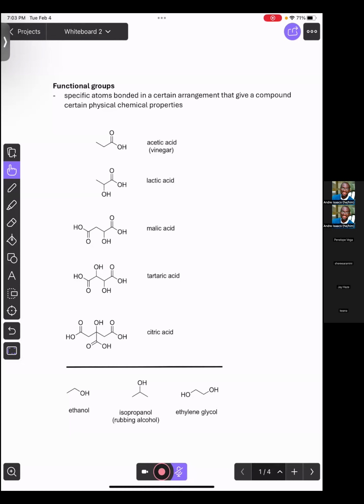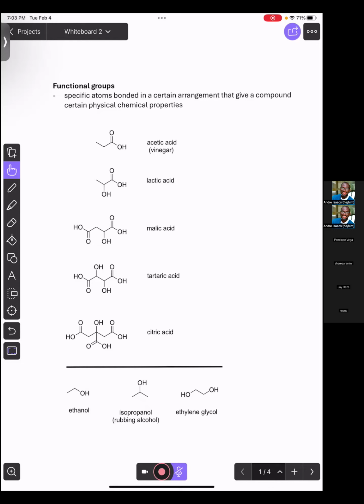If you can identify these combinations of atoms, you can have an idea of how the molecule is going to react. Today I'm going to tell you what these functional groups are, and we're going to hopefully practice identifying them.